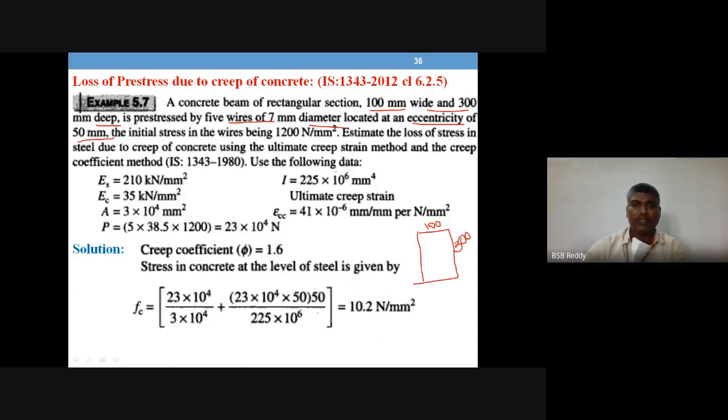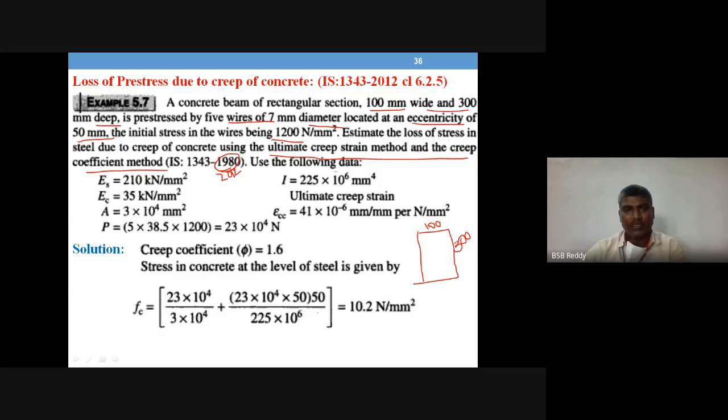The initial stress is 1200. Estimate the loss of pre-stress due to creep of concrete using the ultimate creep strain method and the creep coefficient method. This is now changed to 2012, not 1980.